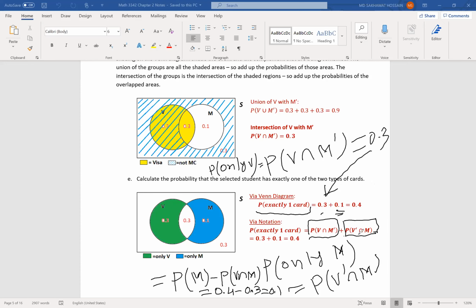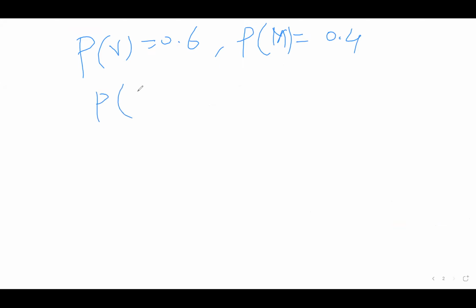Or you can also use a Venn diagram. So how can we use the Venn diagram here? I can show you. Okay, so we know that the probability of V is 0.6, it was given. The probability of M was 0.4. And the probability of V intersection M was 0.3.